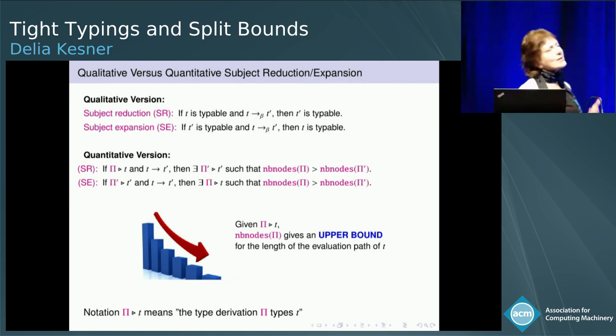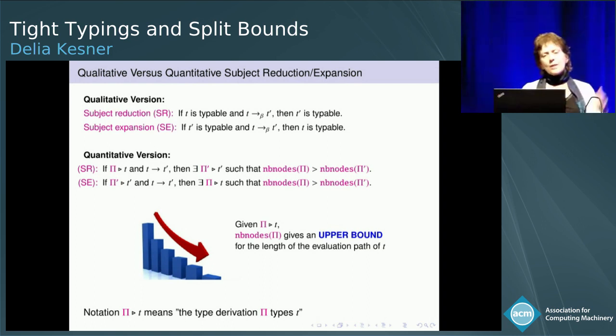So if there is a figure to keep in mind from this talk, it is this figure here, which says that quantitative typing systems give you measures which are usually strictly decreasing or at least decreasing.